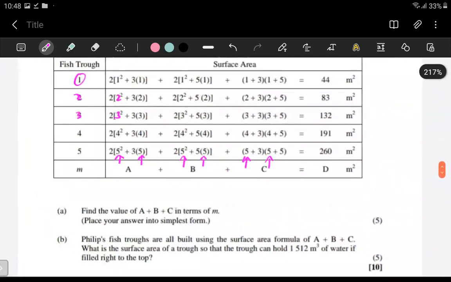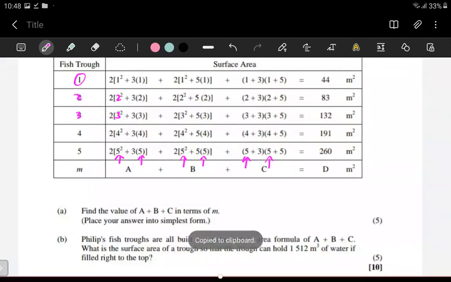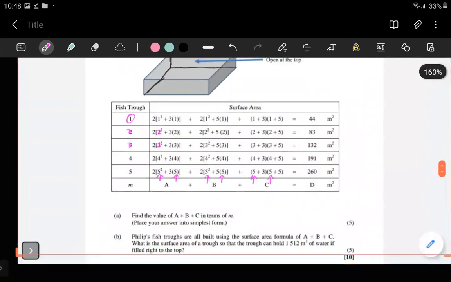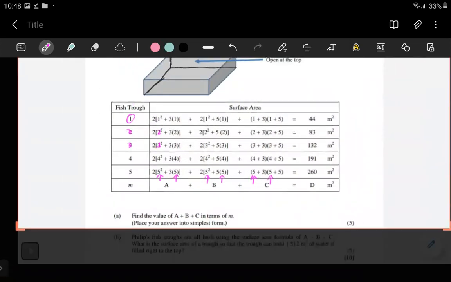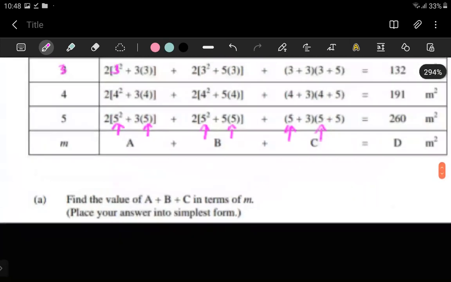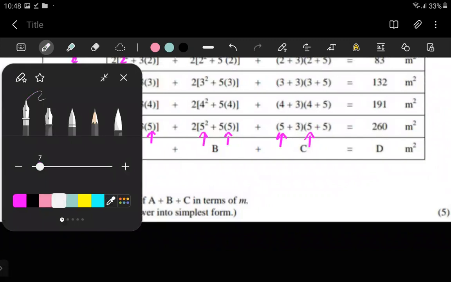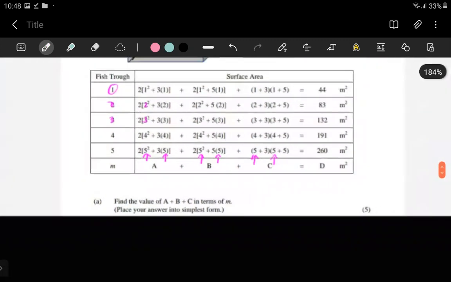Definitely. So with what we have to do for the first one, they said, find the value of A plus B plus C in terms of M. So you see here, they're giving us 5 marks for writing out a lot of stuff, which is what we mentioned in the beginning.